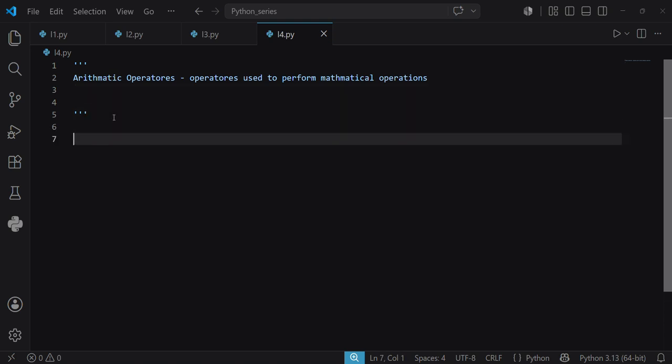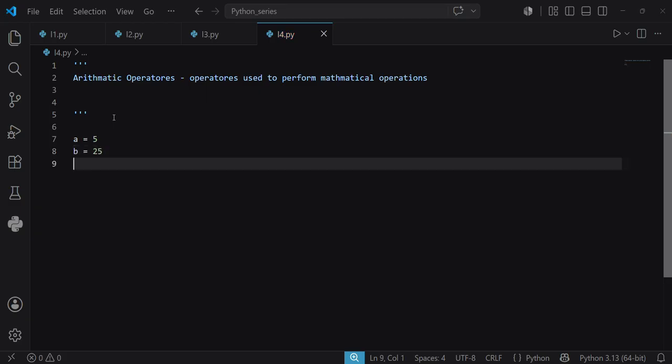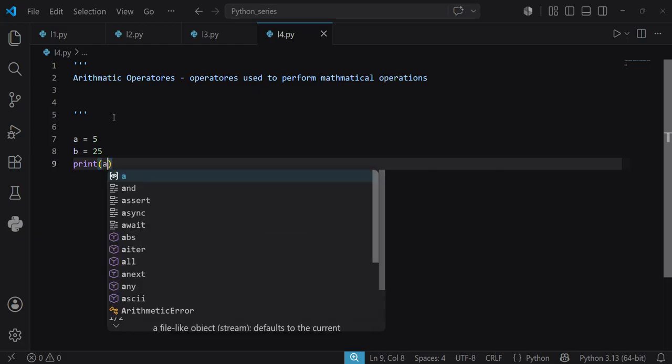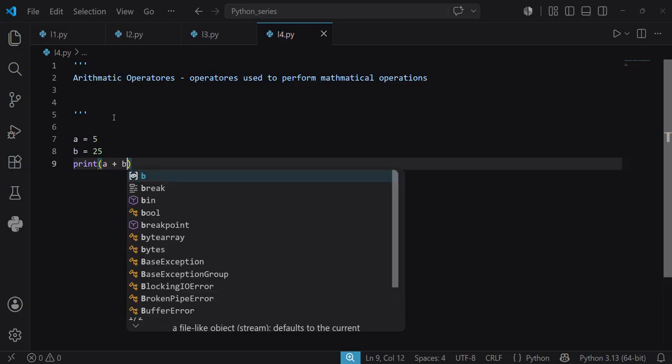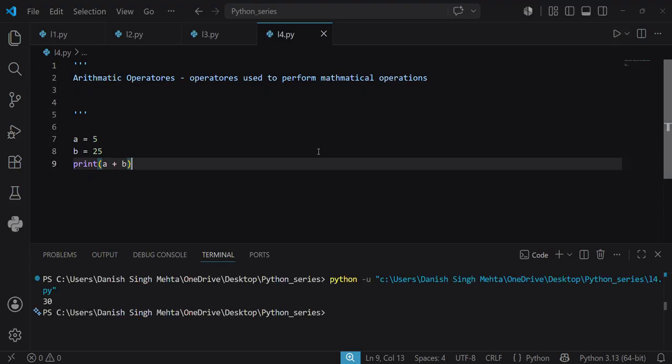For example, if A is 5 and B is, let's say, 25, and I want to print the sum of these two numbers, then I will print A and use an arithmetic operator, which is plus, and I will run this command, so I got the summation.